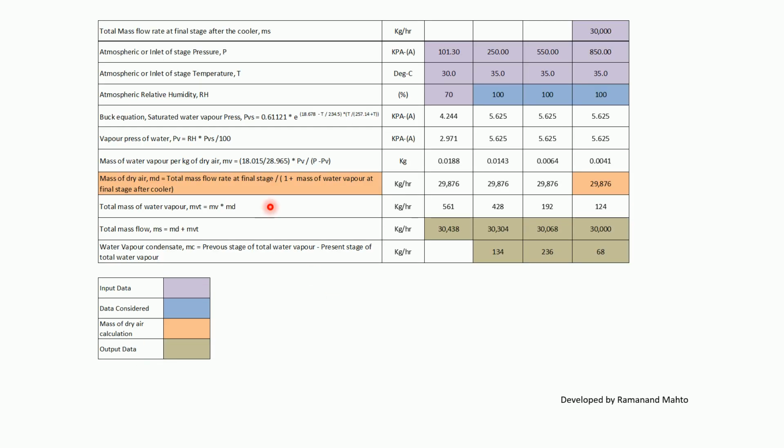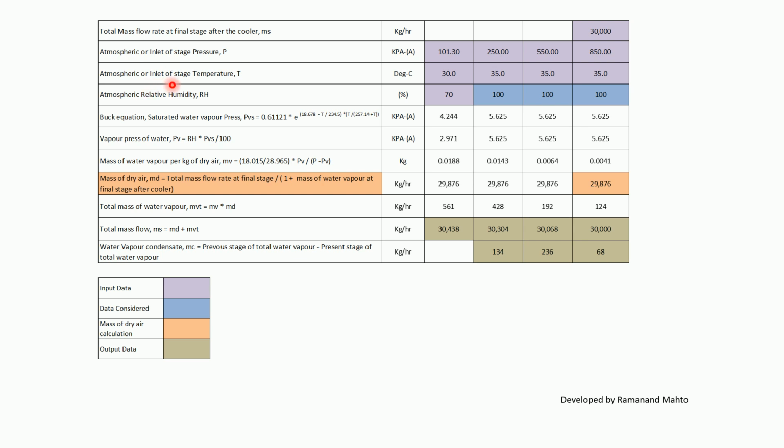Now we'll see the calculation. Total mass flow rate at final stage after the cooler, we can call 30,000, it is given. So the input data we have written in this color is given. Atmospheric or inlet of stage pressure P we can write in kilopascal absolute: 101.3, 250, 550, 850.